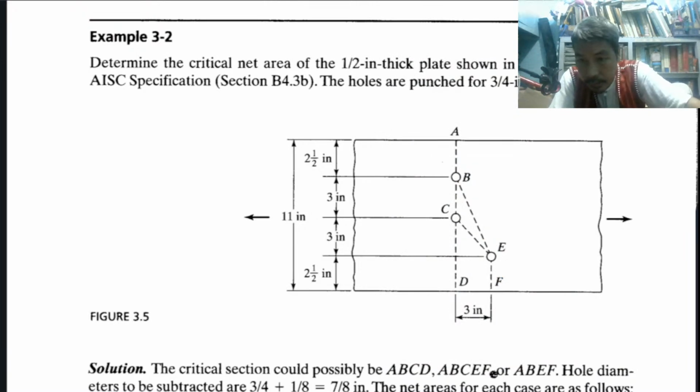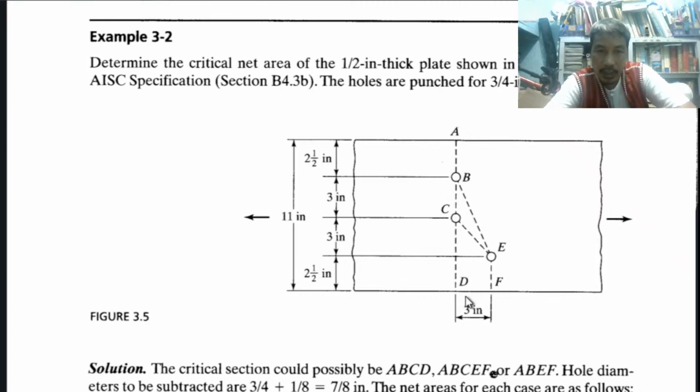And continue, since we already know how to do it, let us count the number of possibilities. What are the paths? What are the lines that are possible? Possible A, B, C, D, the transverse path, exactly vertical.